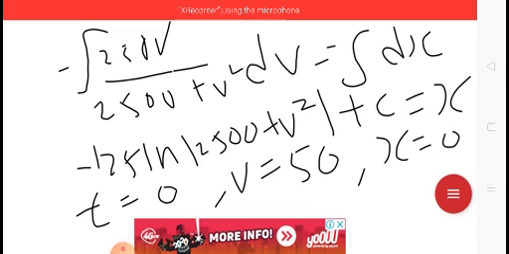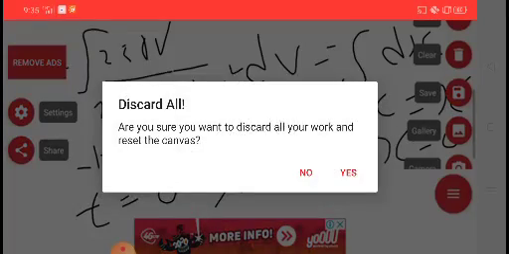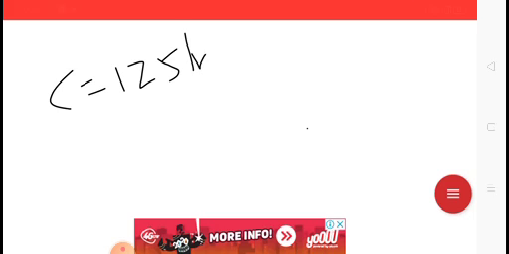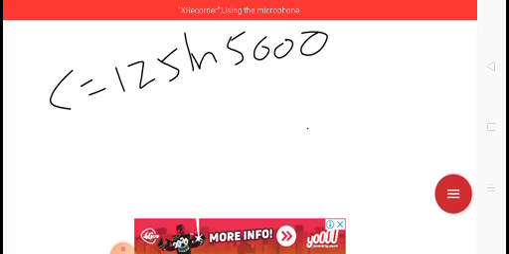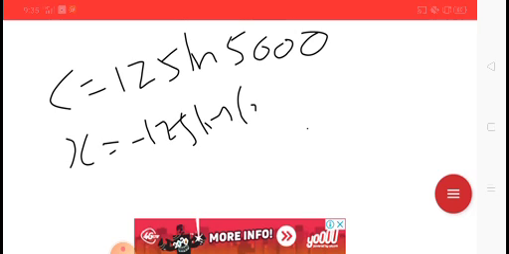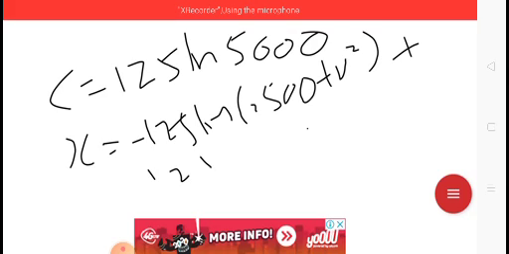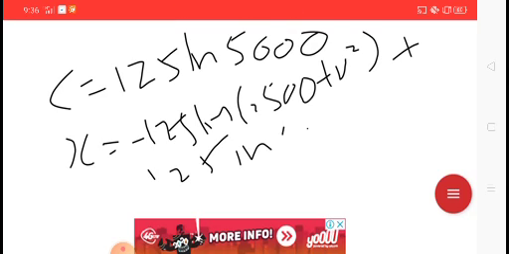When you substitute into the equation, you should get c equal to 125 ln 5000. So put c back, you will have x equal to negative 125 ln of 2500 plus v squared, plus 125 ln 5000.